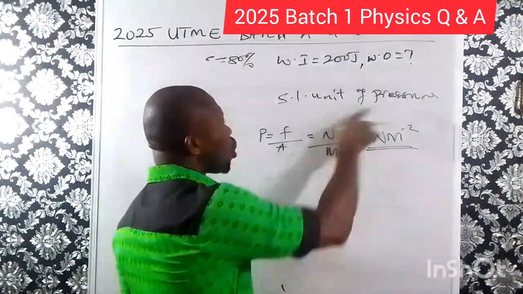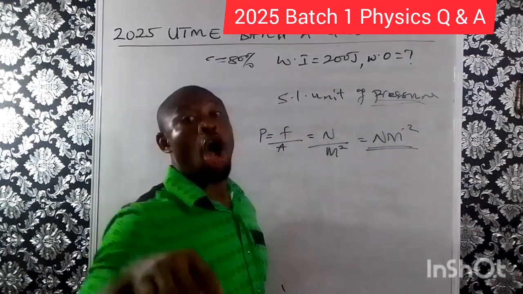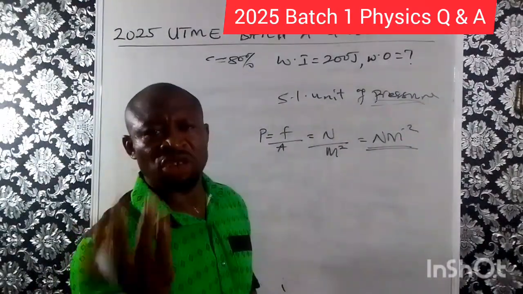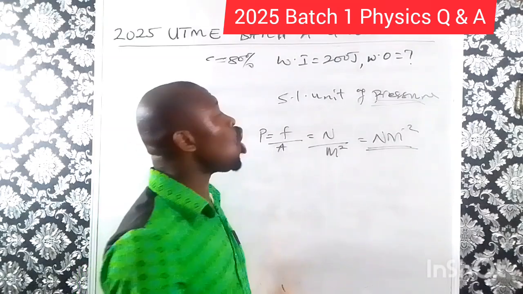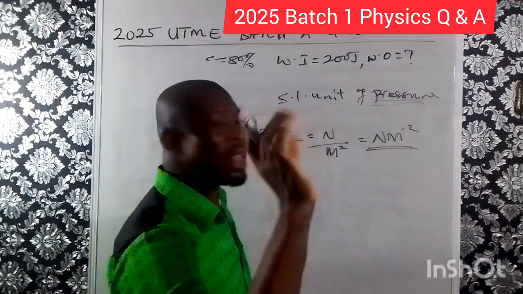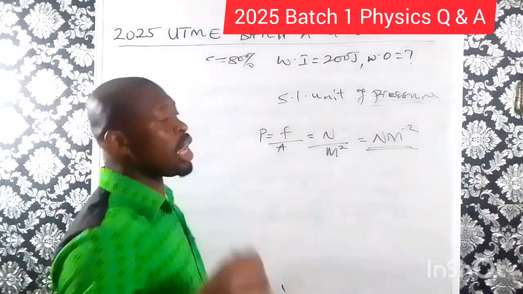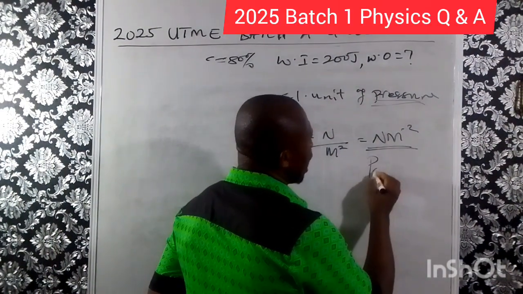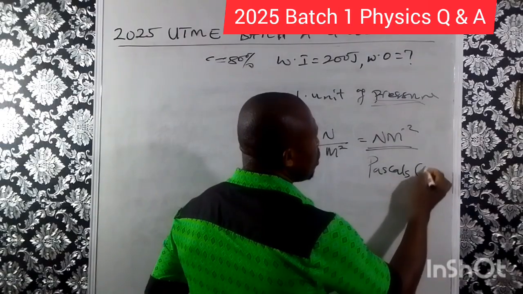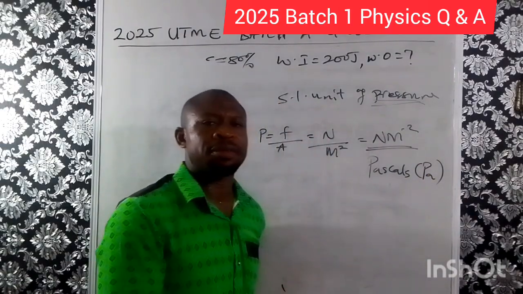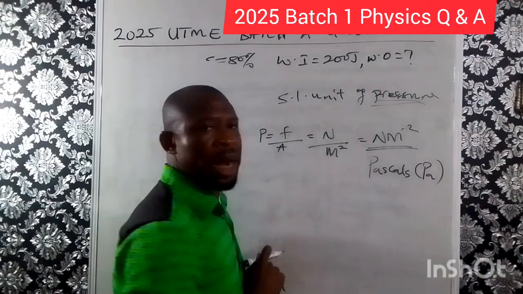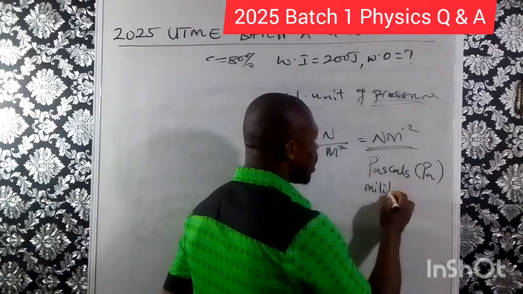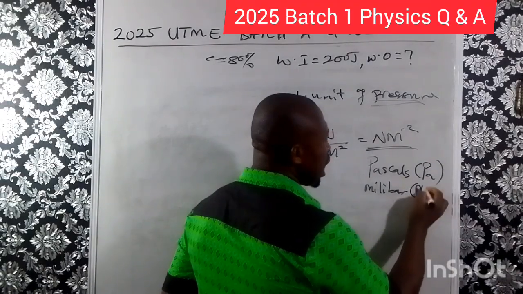Pressure has other SI units too. We can have atmospheric pressure, we can have gas pressure. There are about 4 SI units. In case you meet them, we have pascals, which is Pa. This is the first one. This is the second one. We can have bars, maybe millibar, which is mb.